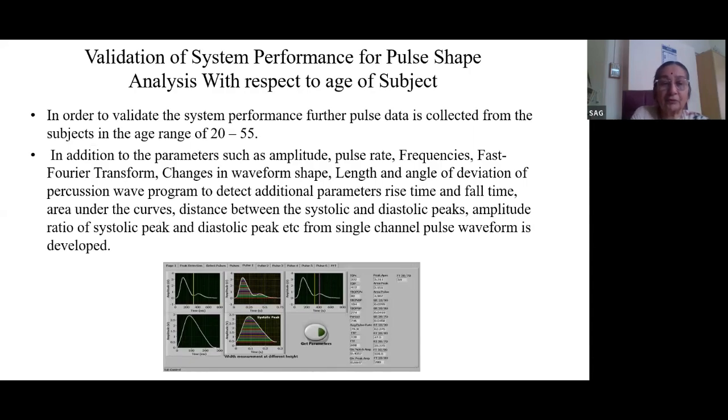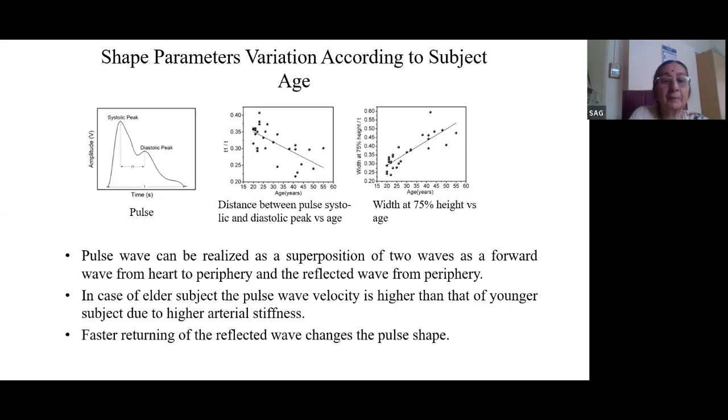We collected the data from people aged 20 to 55, and measured the distance between the systolic peak and the diastolic peak. This is time t1, and the whole pulse time is t.